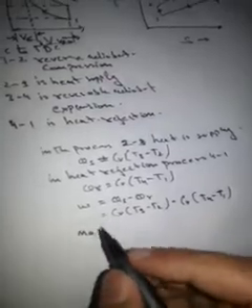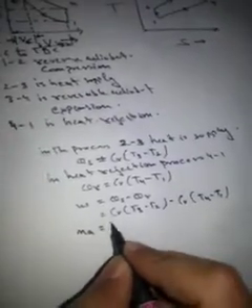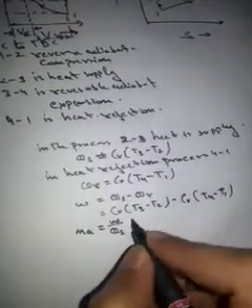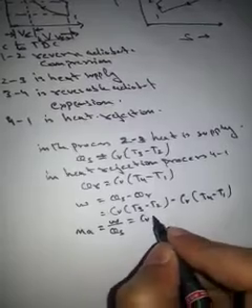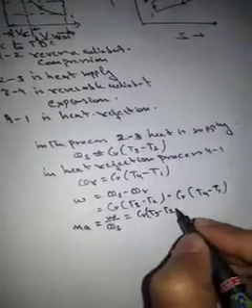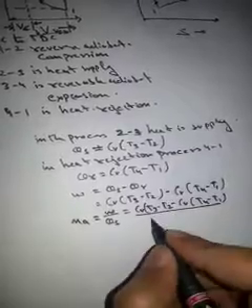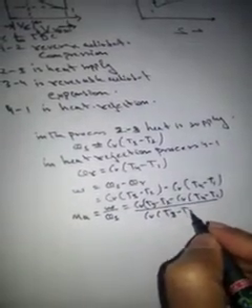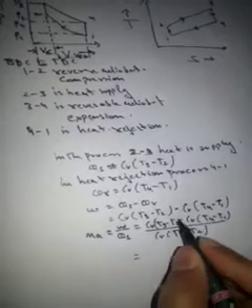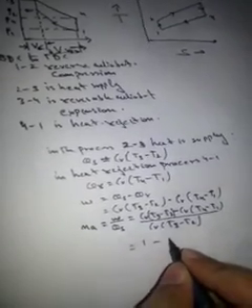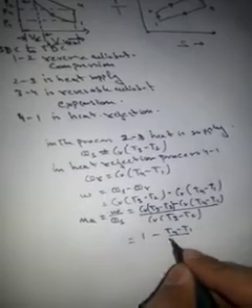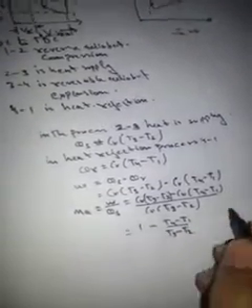Now the efficiency of the Otto cycle is equivalent to work done over heat supply, that is Cv (T3 minus T2) minus Cv (T4 minus T1) divided by the heat supply Cv (T3 minus T2), that is equal to 1 minus (T4 minus T1) divided by (T3 minus T2).